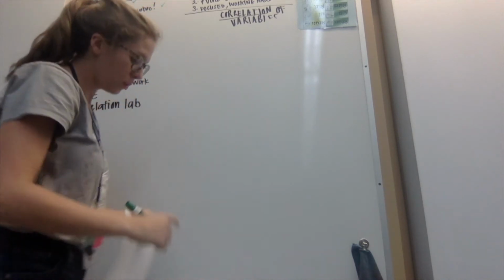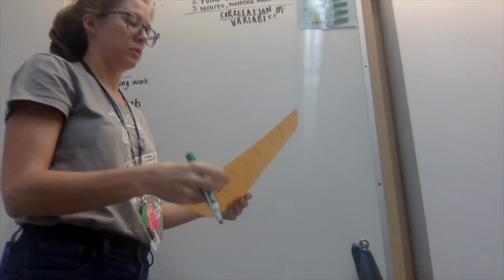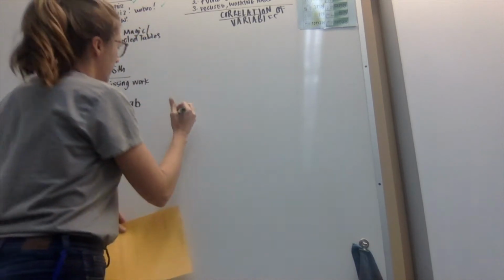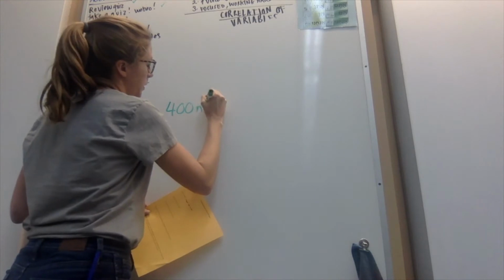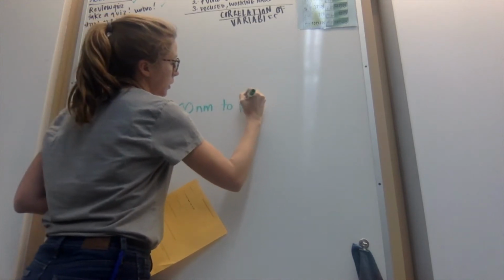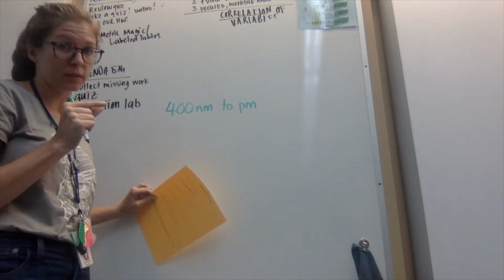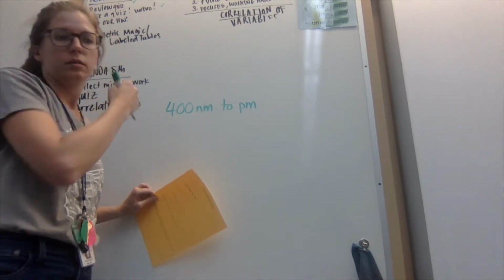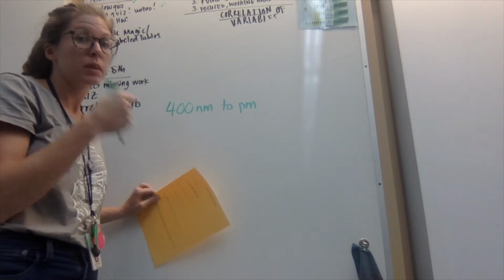Okay, so now I think you should try to work along with me. So let's say you have 400 nanometers to picometers. Okay? So these are very, very small measurements. I cut a meter into 1,000 pieces, it's a millimeter.